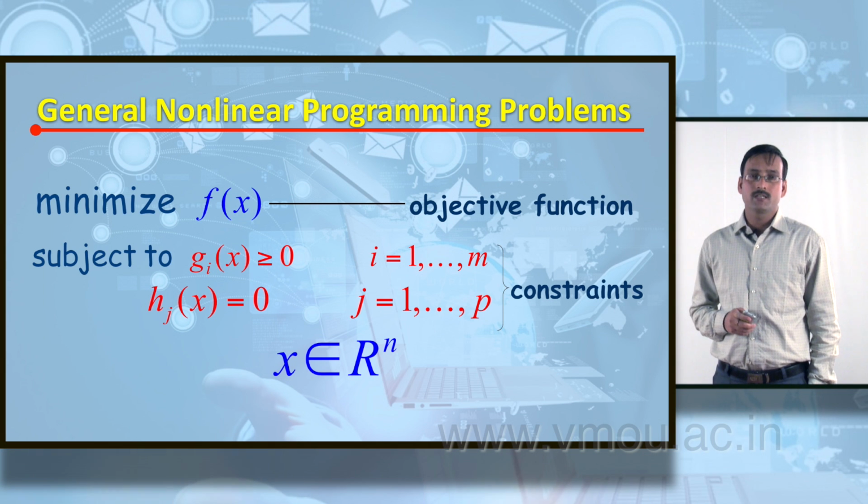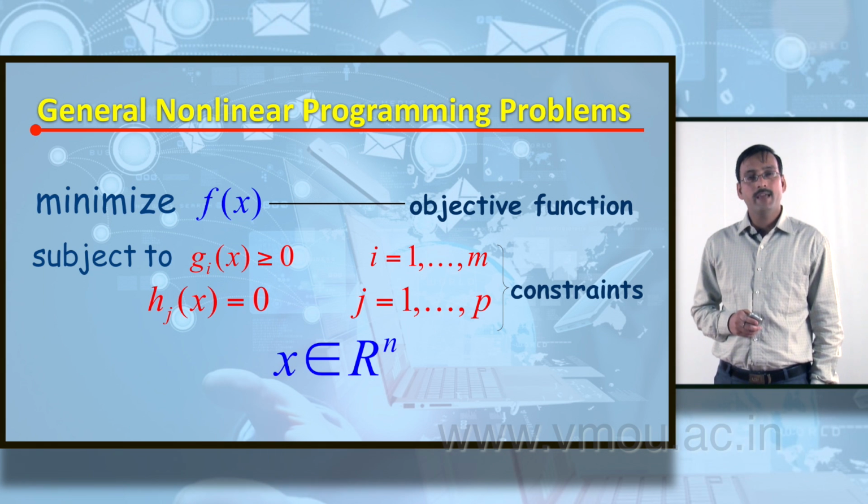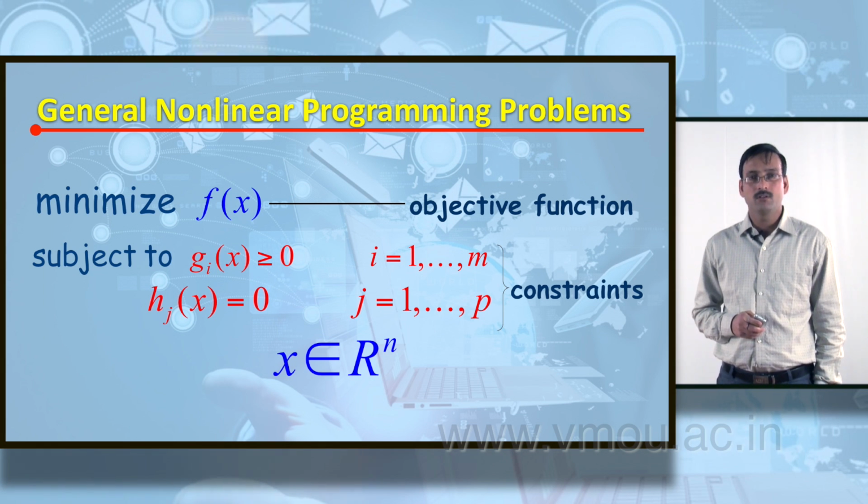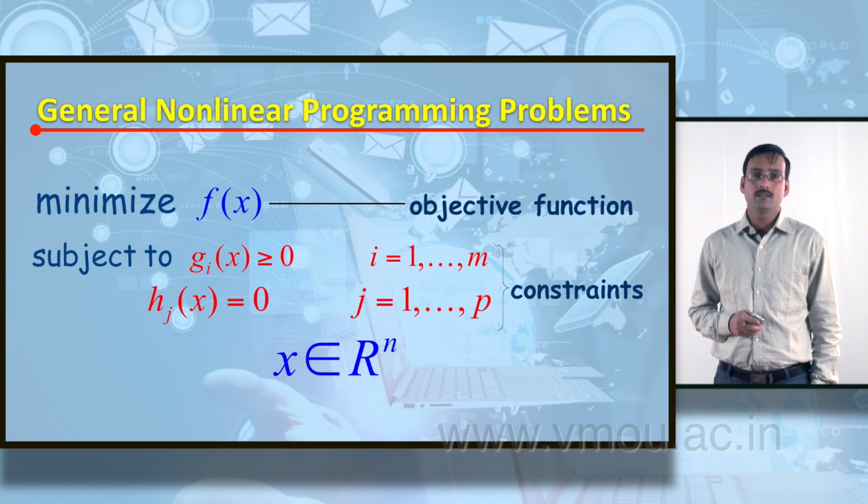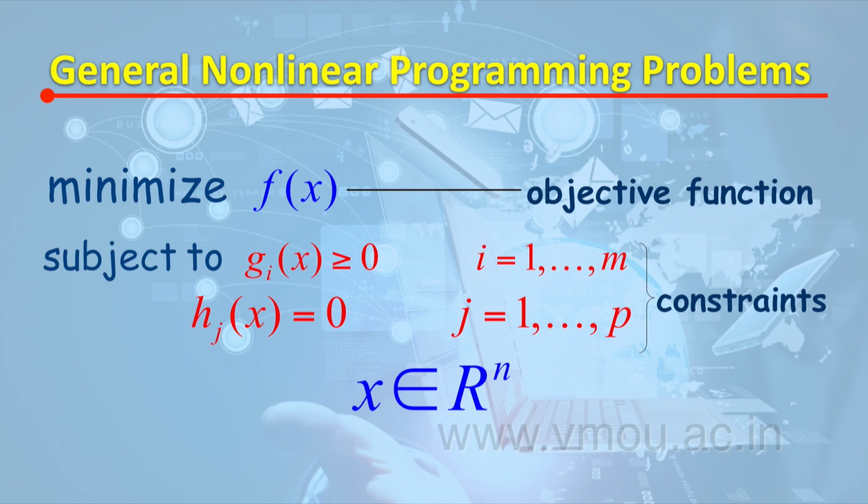In this example we have considered p equality constraints. This x is known as the design variable or the decision variable, and it is an n-tuple in the real Euclidean space R^n. So, this is the general structure of the general nonlinear programming problem, which consists of an objective function and a set of inequality or equality constraints.